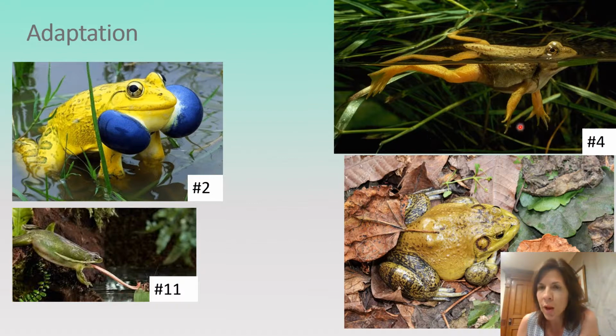Here, his webbed feet help him swim. He's an amphibian, and he can hop with his long legs. And then here, you might have chosen reproduction for this, because this is how bullfrogs call their mates, right? By puffing up their throats.